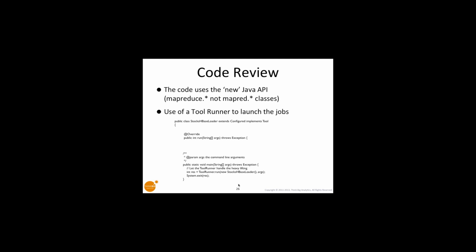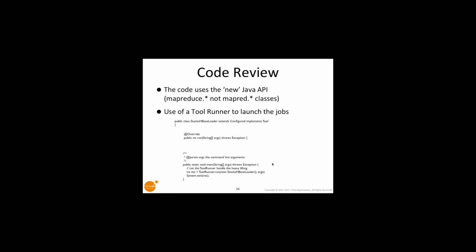Here, we use a ToolRunner to launch the jobs. In this, I cut out 3 main sections from the code. We can see the class definition: our main class is StocksHBaseLoader, but it really extends Configured and implements Tool. Tool is an interface that has a method called run.